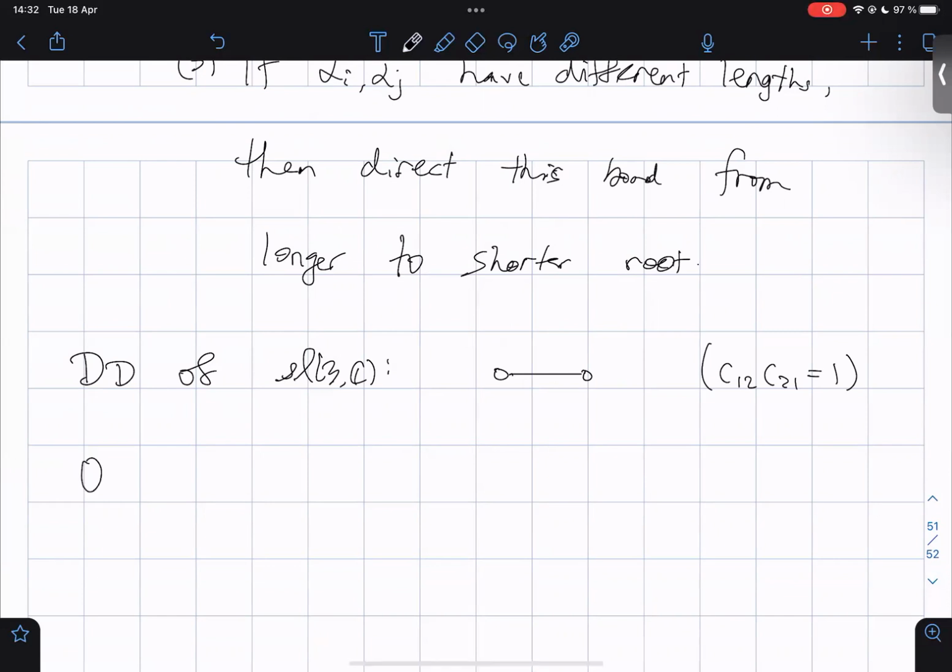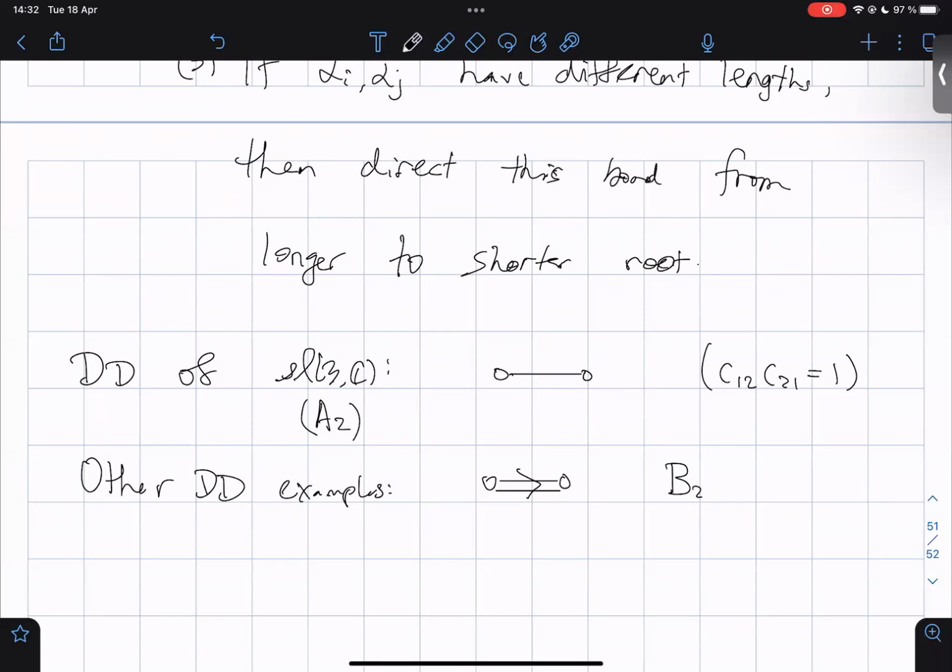Some other Dinkin diagram examples. In Cartan's classification, this is also called A2, the 2 denoting the rank of the Cartan subalgebra. This one is called B2.